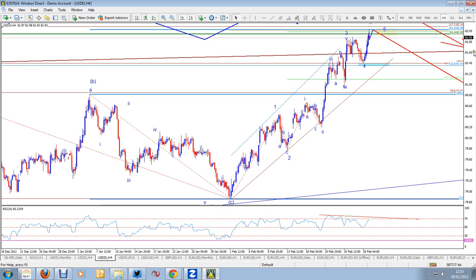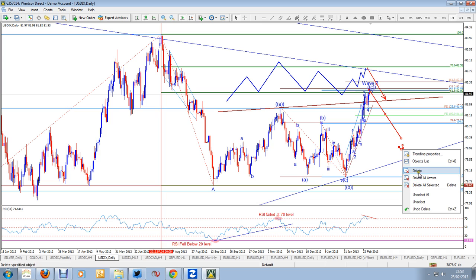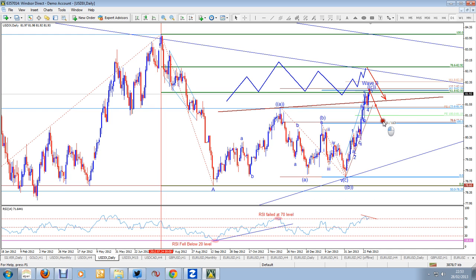Now after that, of course, we should then commence a new down leg, and the new down leg is not going to go in one straight line, but what I suspect we will see is the first leg down, for example, coming into that area where previously there was resistance or could potentially become support.